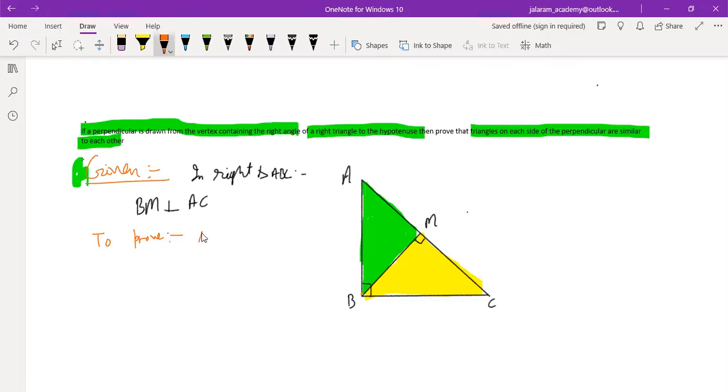Meaning first we write triangle ABM is similar to triangle BMC. Then the next heading is proof.